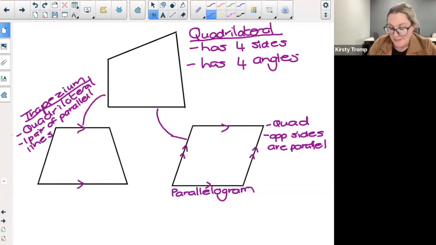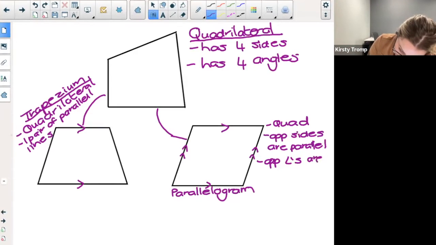Then Lorena also told us that the opposite angles are equal. So let's look at how we're going to show that the opposite angles are equal. If I draw an angle sign on here, it means that opposite to that one is going to be that one.